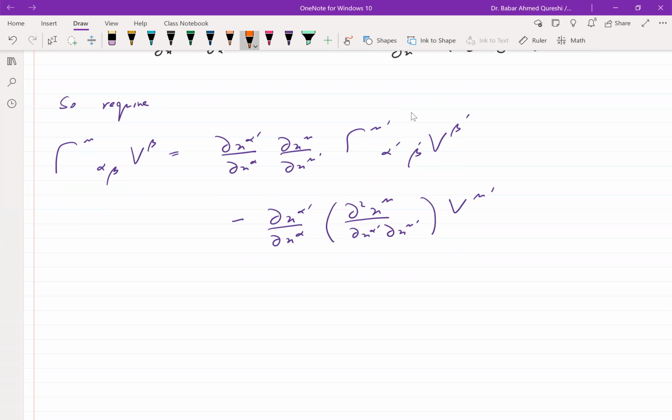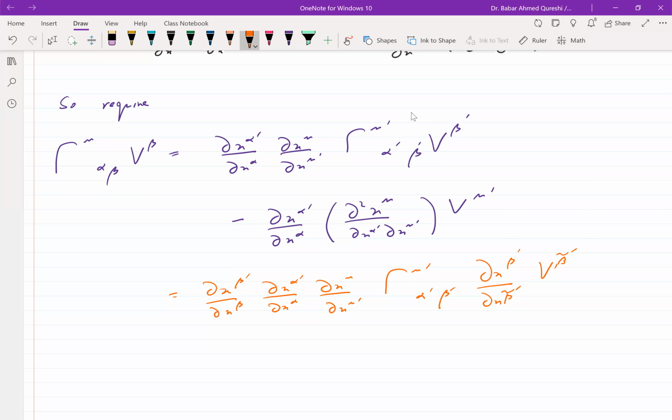So if I include this change, I can write it this way, over dx beta, beta dash, tilde.